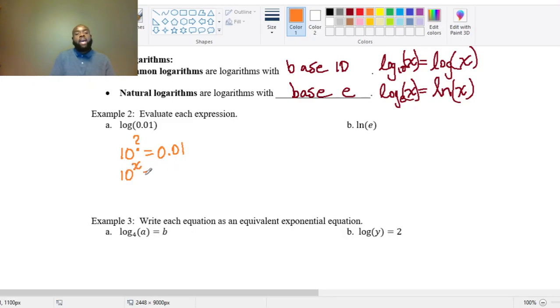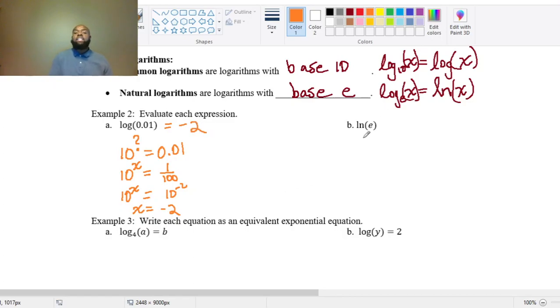I'm going to change that to an x and go back to how we solved exponential equations before. Well, this is 1 over 100, and 1 over 100 is the same thing as 10 to the negative second power. By our one-to-one property, if these bases are the same and this is a true equation, then the only way for this to remain true is for x to equal -2. So the common log of 0.01 is -2.